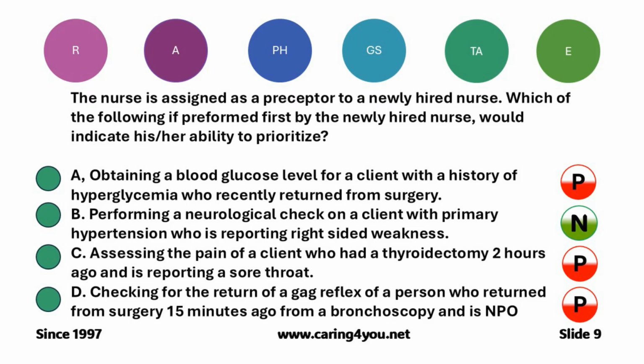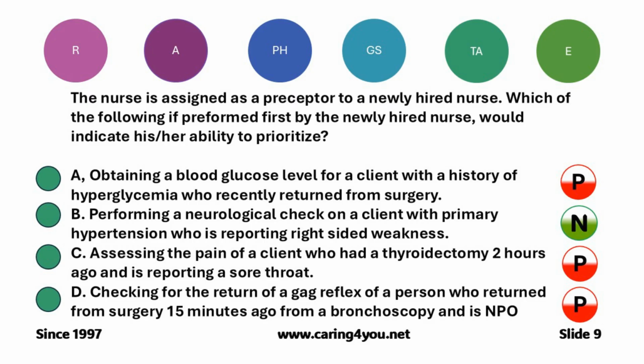Obtaining a blood glucose level for a client with a history of hyperglycemia who recently returned, still in the past, right? It's not happening now. They have a history of something and they returned, all right? So this is past. So in your mind, put a P for past because we're supposed to stay in the now, not the past or the future.